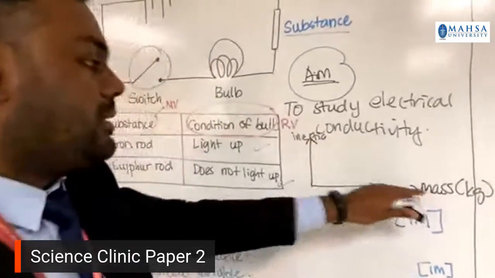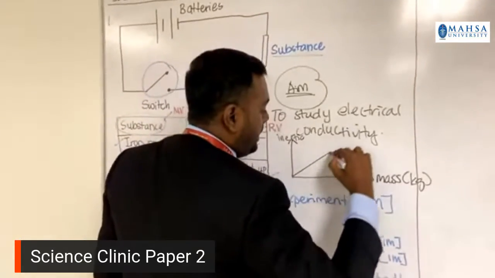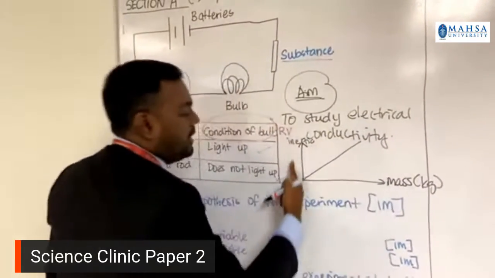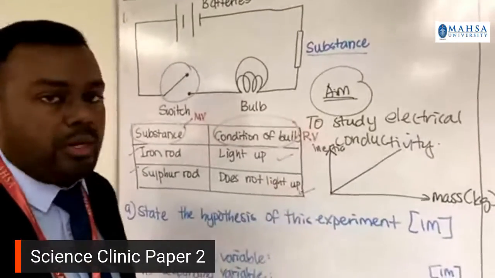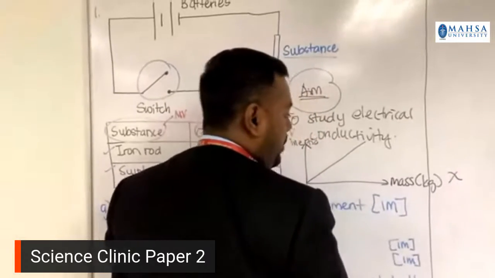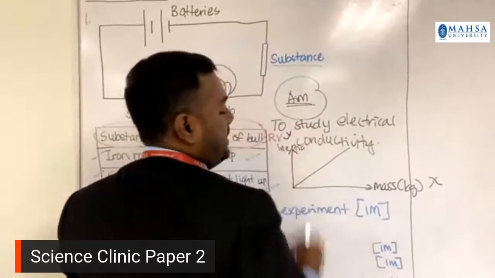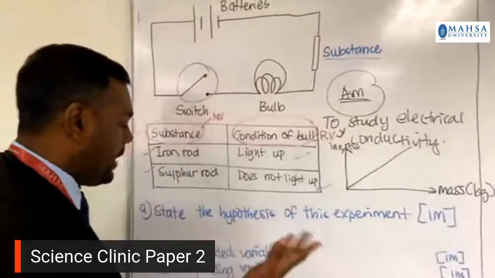We know that the mass influences the inertia. As the mass increases, the inertia also increases. So how am I going to get the manipulated and responding variables? Very simple. Your x-axis is going to be your manipulated variable, and your y-axis is going to be your responding variable.